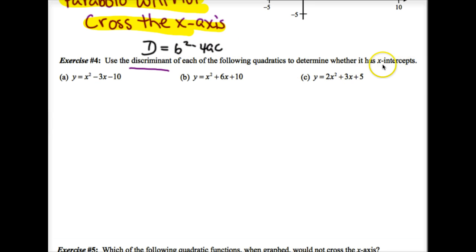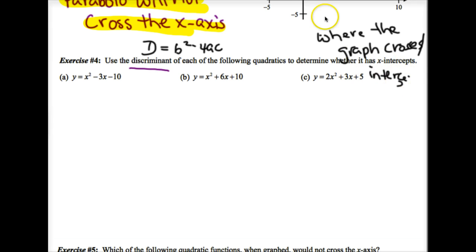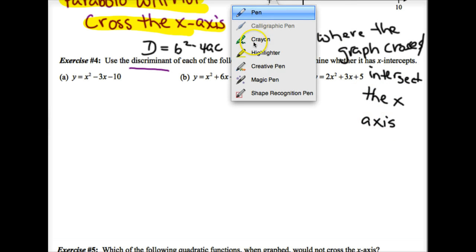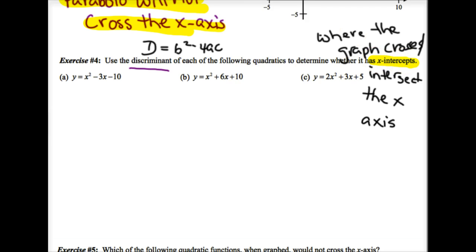To determine whether it has an x-intercept is where the graph crosses, or some of you like to call it intersect, I-N-T-E-R, intersect. Let's spell that correctly. Intersect the x-axis. So that's what the x-intercept means.